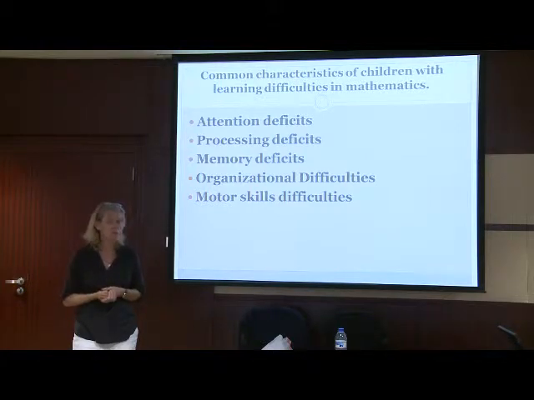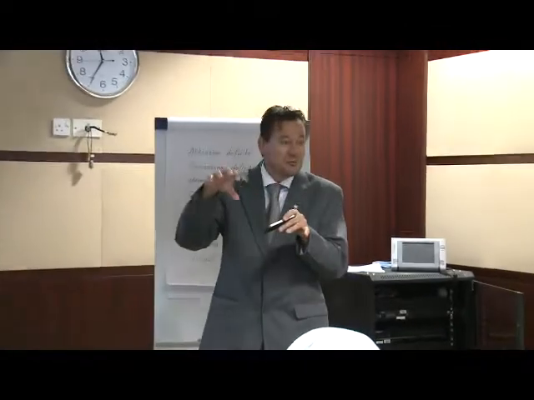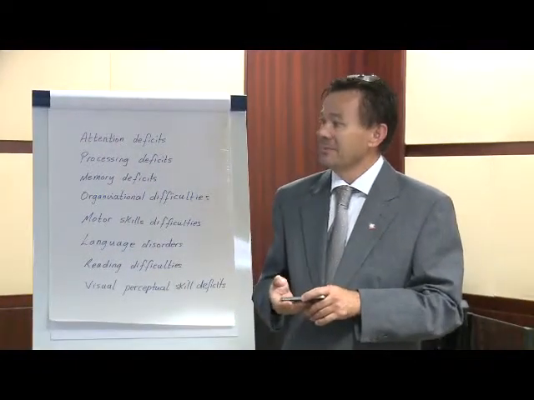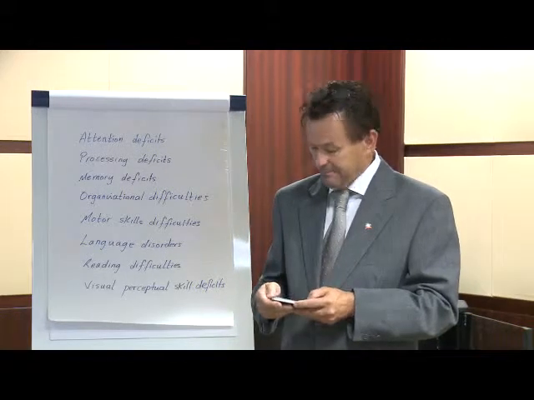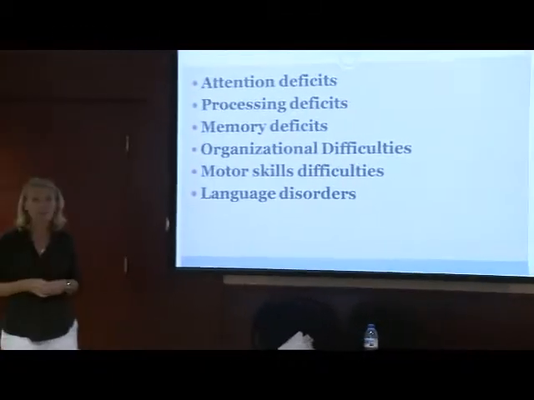So all of those things will impact everything, especially in the early years where a lot of the mathematical activity is concrete. So you're manipulating small objects to group them and to count them. And so counting each little dinosaur can be an issue for children with motor skill issues.